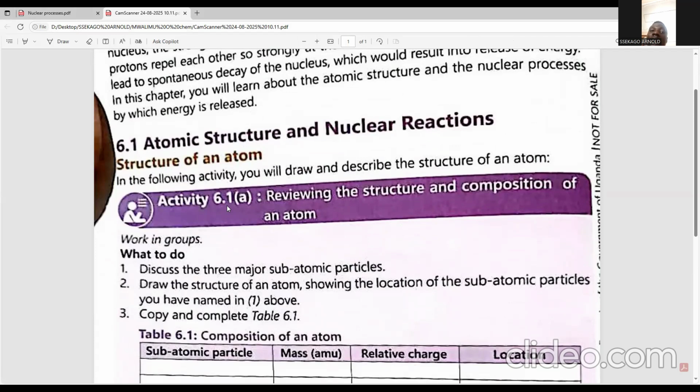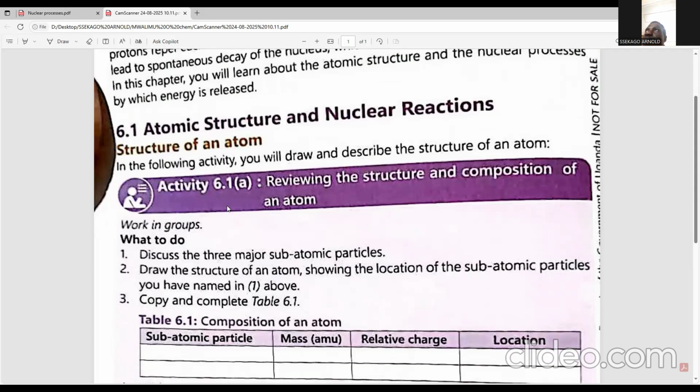The activity I have told you about is on the structure of an atom and introduction to nuclear chemistry. It is on reviewing the structure and the composition of an atom. So, as I told you earlier, you can pause and write down these questions which you are going to do, and I'll demand their solutions.